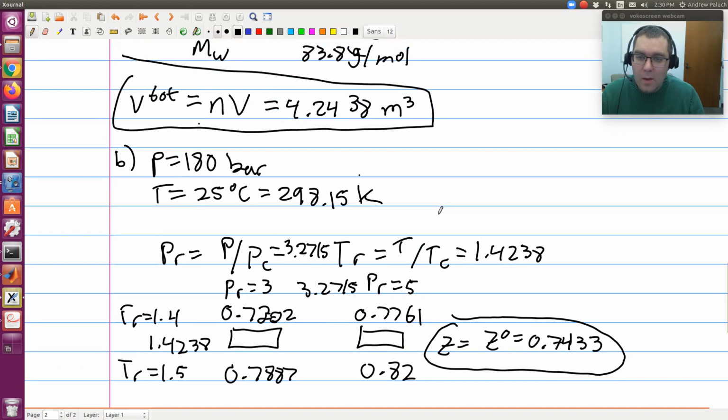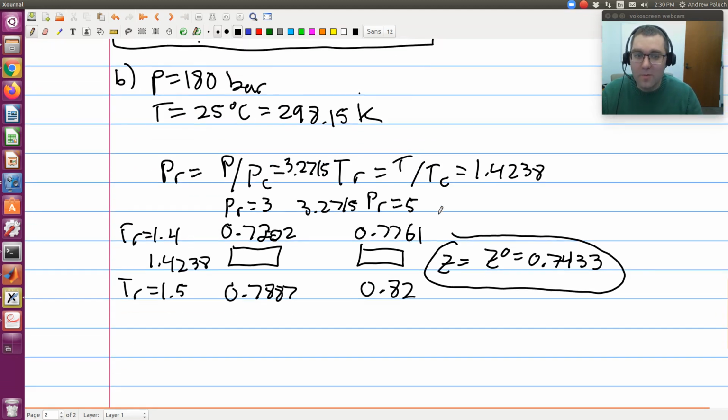Once I have my molar volume, I can calculate the moles because I know the total volume. And then I want to see if that number of moles that it can hold at that temperature and my maximum pressure is greater than what I want to hold. So now V is going to be ZRT over P.